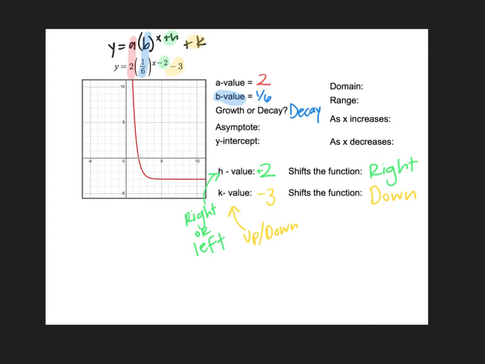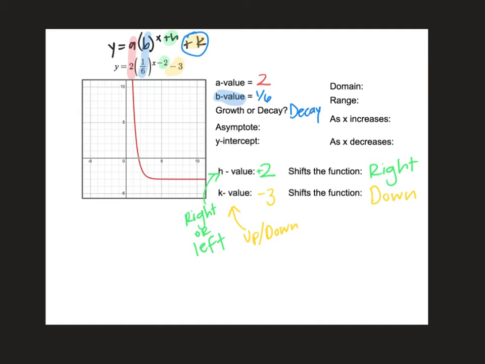All right, so let's look at the information we have left to find. So we still need to find our asymptote. Notice your asymptote is going to be that line that your graph gets closer and closer and closer to. Now we said in the first day's notes that's the same as plus k. So it's going to be y equals, and then whatever your k value was, so -3.